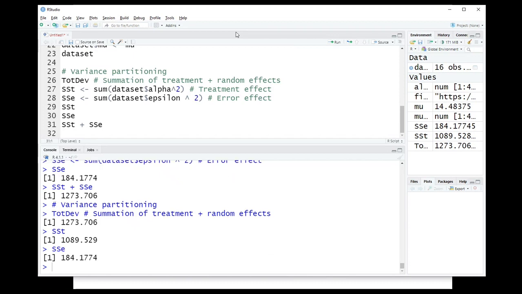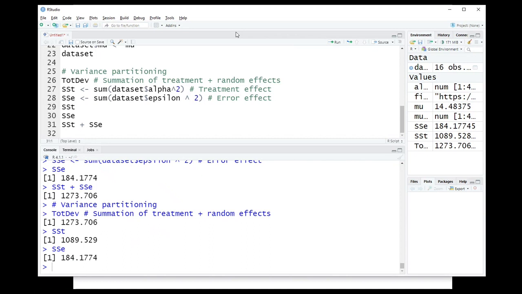Sorry, the other one was 1089. Maybe I said 100. I don't remember. So it was 1089.5, a very big part. A small part, 184, came from errors, stochastic effects.